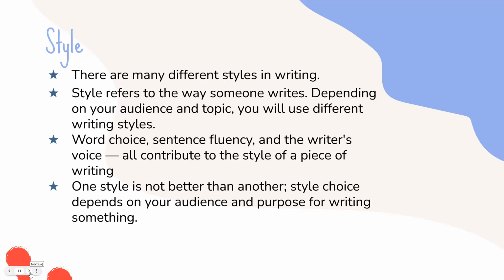So like I was just talking about, emotive words, connotation and denotation, sentence fluency, how much of your voice you actually include in your writing. These all contribute to the type of style in a piece of writing. And just a note that there isn't any superior or better style. It, again, just depends on your purpose for writing something and then the audience that you are trying to reach.